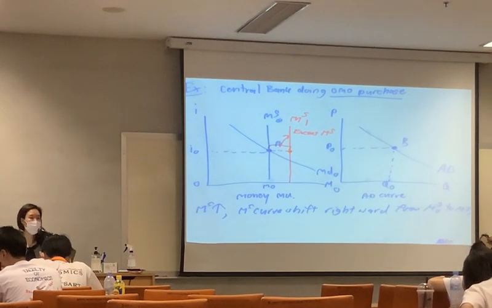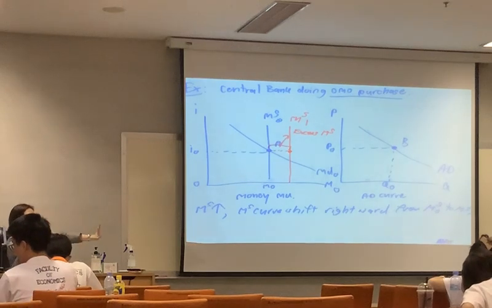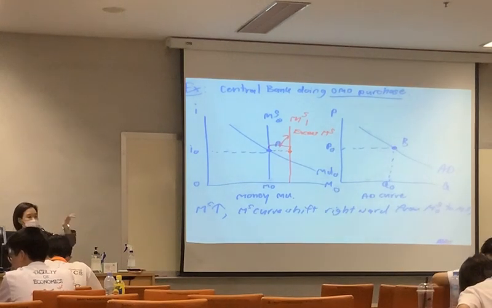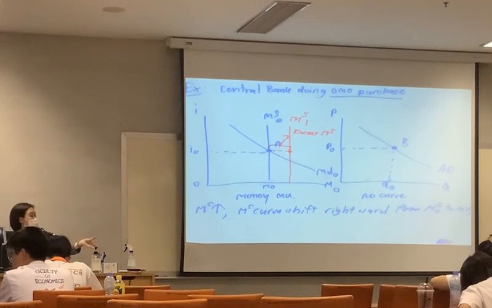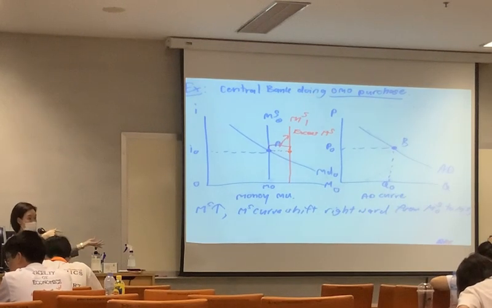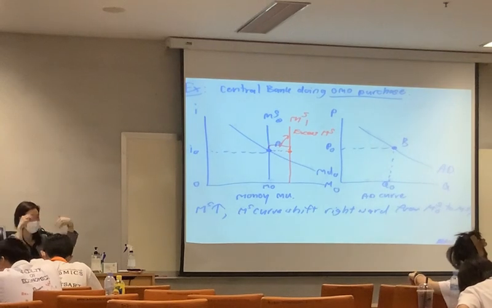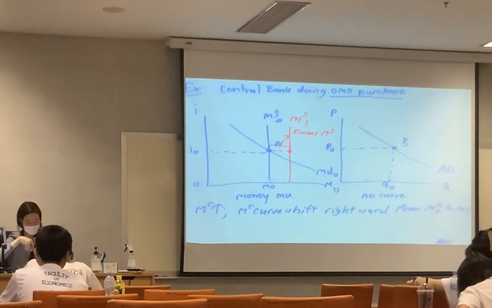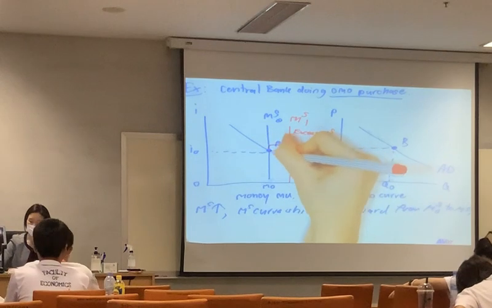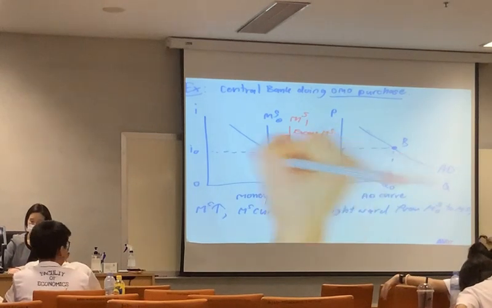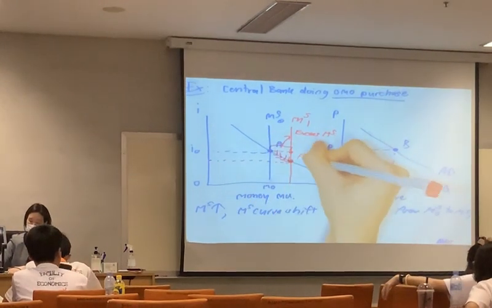So just think about the market right now, there is a lot of money in the market. Okay. So if someone borrows money from you, you will be happy to lend to them because you have a lot of money, right? So you don't need to set a high interest rate. So the interest rate will be lower until we reach the new point at point A prime.